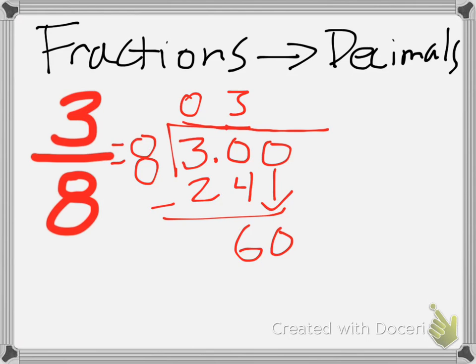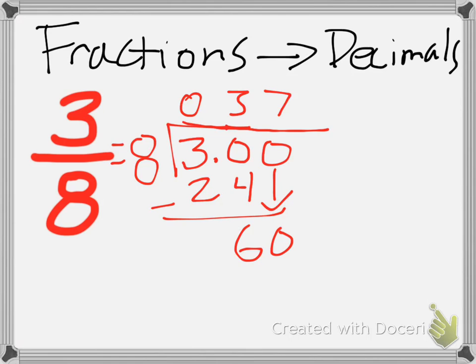If I knew that 8 could fit into 30 3 times, I already know that 8 is going to be able to fit into 60 at least 6 times, because it's twice as big as 30. So if I just think in my head, 8 times 6 is 48, and I think I can probably fit another one in there. The reason that I use that skill is just to help make sure that I am thinking through what I'm working on.